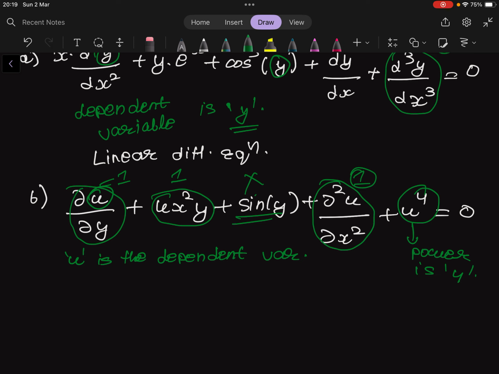So it's inconsistent. So we can say this equation is nonlinear because the power of the dependent variable in each expression should be the same, that is 1. So this is a nonlinear differential equation because the power here is 4, not 1.